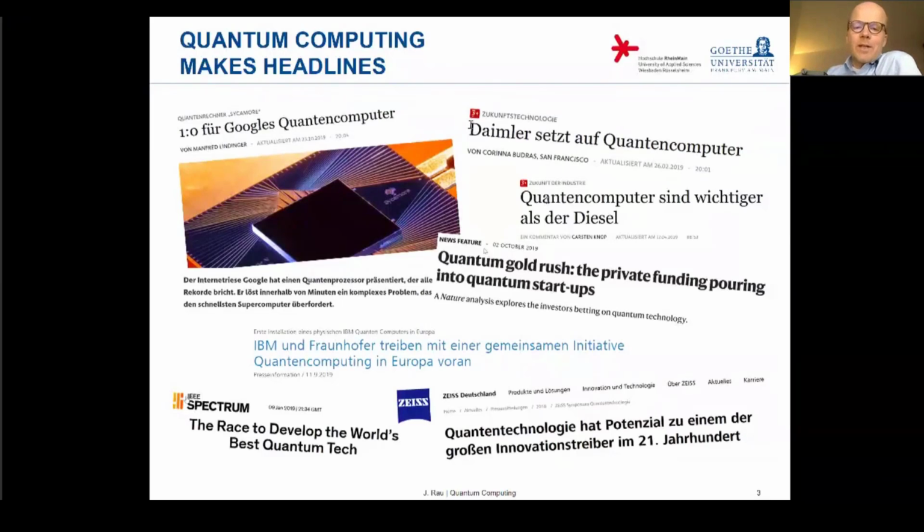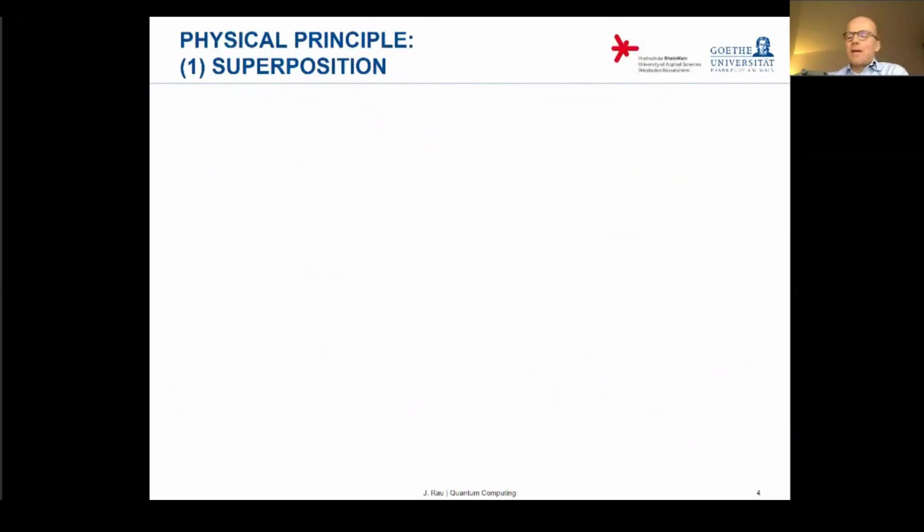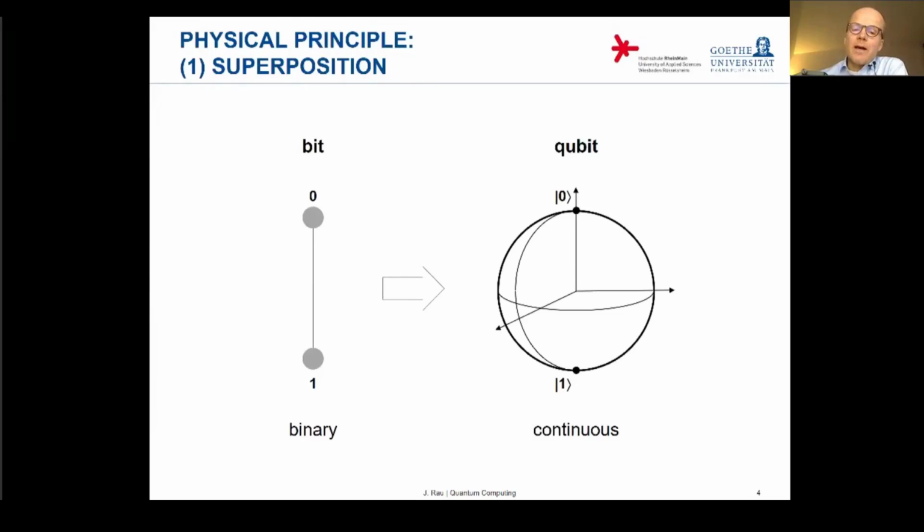Now, the basic physical principles underlying quantum computing, and we will go into that in more detail in the course, are twofold. One is the superposition principle of quantum mechanics, which means that the basic computational unit in a quantum computer is no longer a classical bit, which just has binary values 0 or 1, but you have quantum mechanical bits or qubits, and they have an entire continuum of possible states.